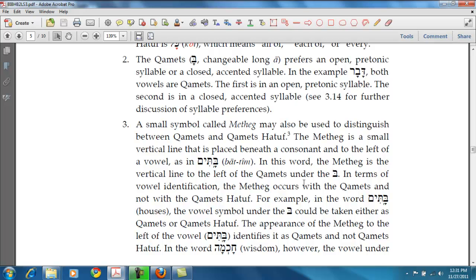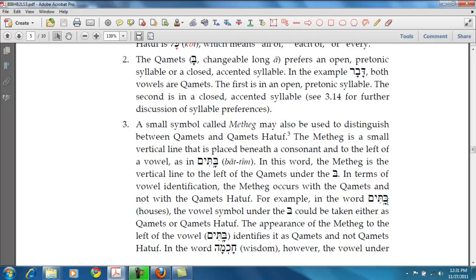In terms of vowel identification, the metheg occurs with the qamets and not with the qamets chatuf. So when you see that metheg beside that vowel, you're going to know that it is a qamets, not a qamets chatuf. The vowel symbol under a bet could be taken as, let me see, houses. It could be taken that way, but the appearance of the metheg to the left of the vowel identifies it as a qamets.